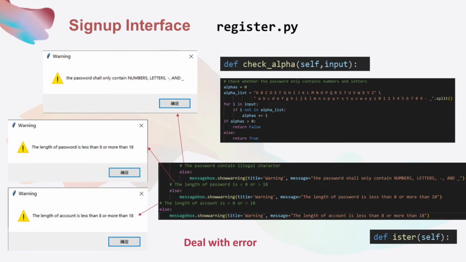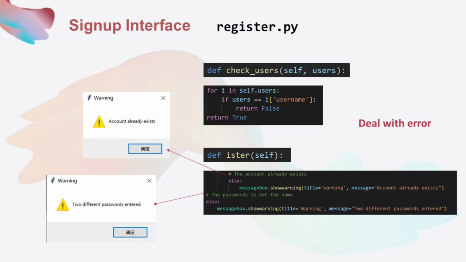If those requirements are not satisfied, we use message box imported from tkinter to raise a warning message. Moreover, by the function checkUser defined in this class before, we could check whether the same account name already exists. With function Easter, we could also check whether the password and the confirmation are the same. If not, a warning message will be raised too.